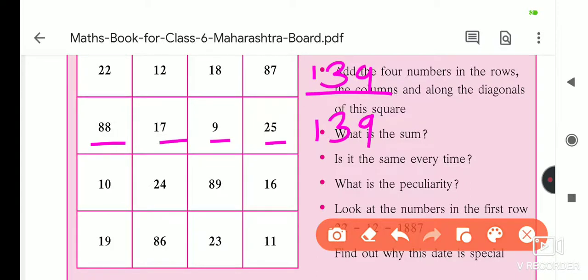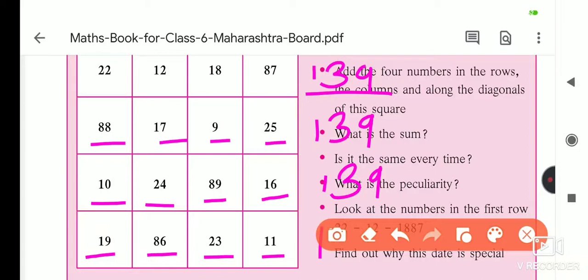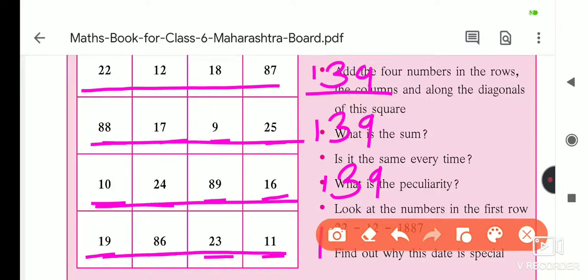Next it is 10, 24, 89 and 16. If you do the sum of these numbers also, its sum is 139, and in the same way 19, 86, 23 and 11, its sum is also 139.